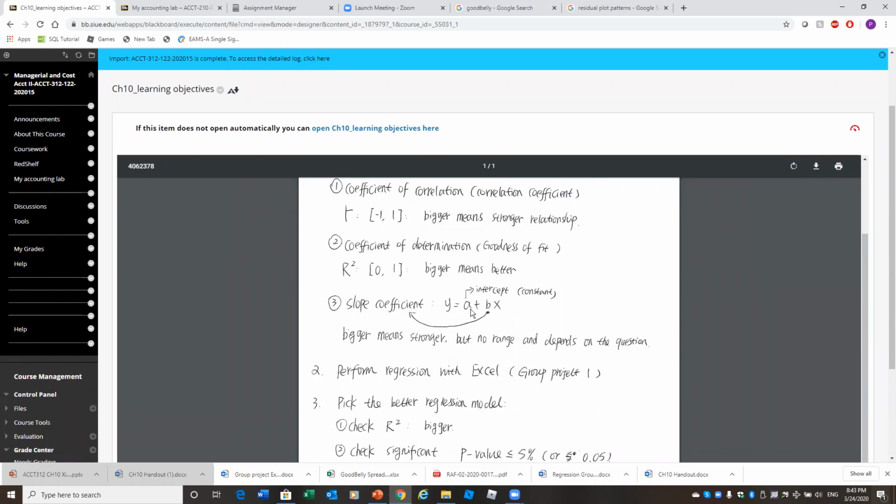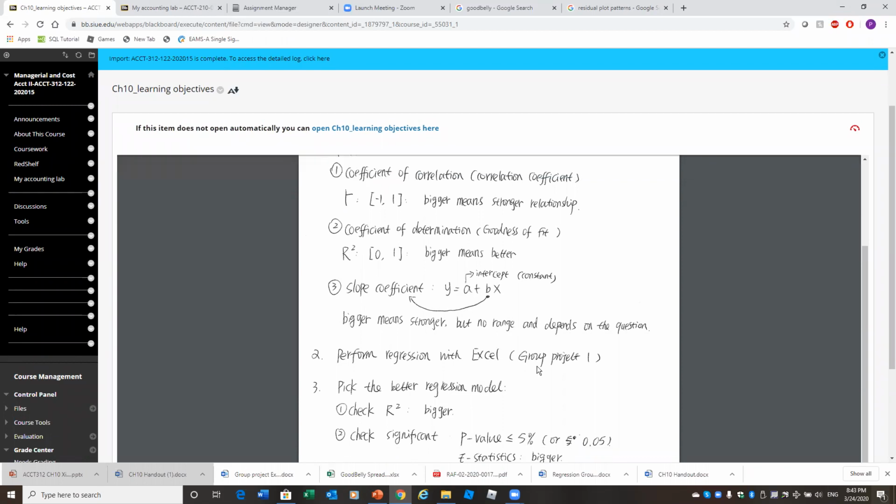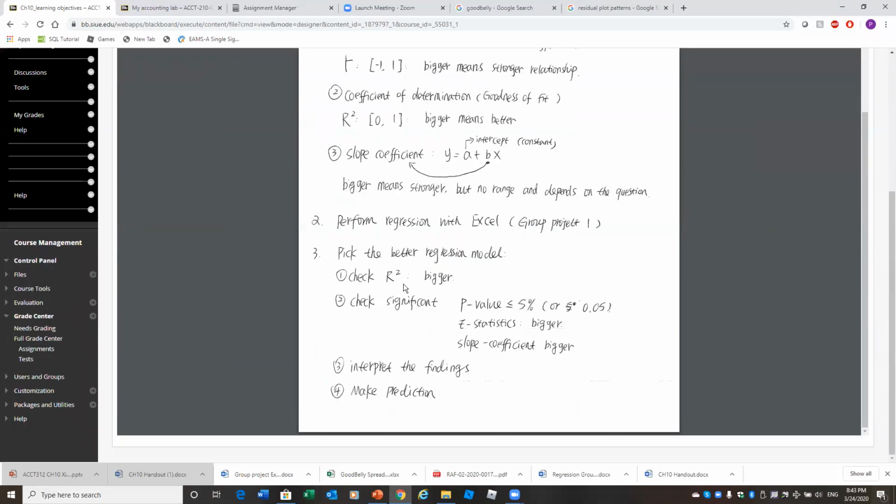For the slope coefficient, know what's the intercept, what's the dependent, and what's the independent variable. Make sure you know your group project Excel. It was group project 1, but I'll change it to group project 2. Pick the better regression model: get the larger R square, check the p-value, and then interpret the finding and make a prediction.